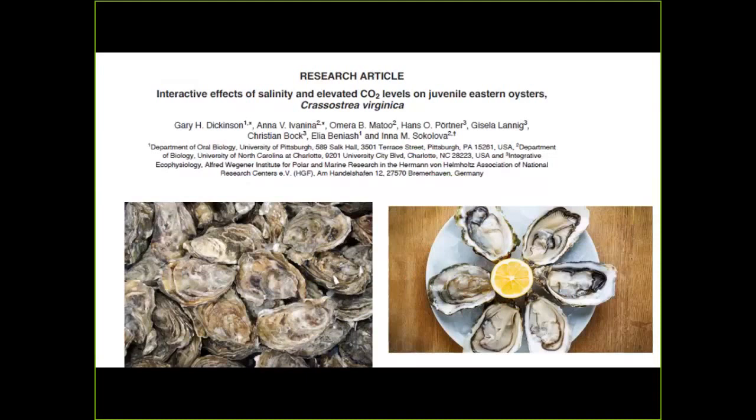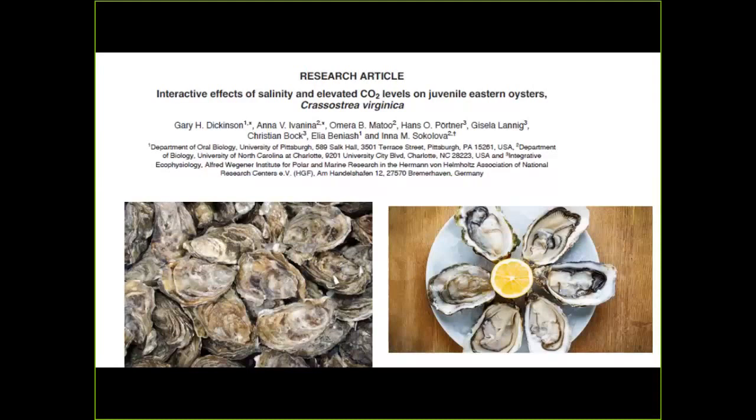So interactive effects of salinity and elevated carbon dioxide levels. People are starting to do more studies where there's several environmental factors varying. Salinity is one of them, temperature is another one, pollutants. People are just starting to do those multi-stress studies.